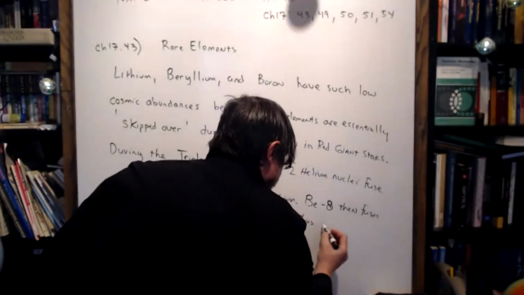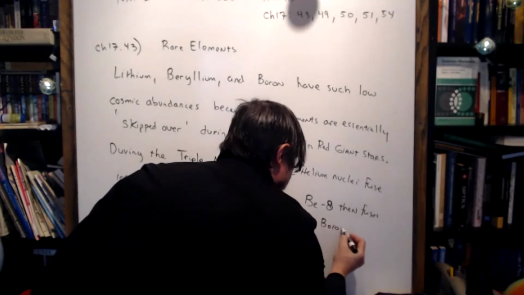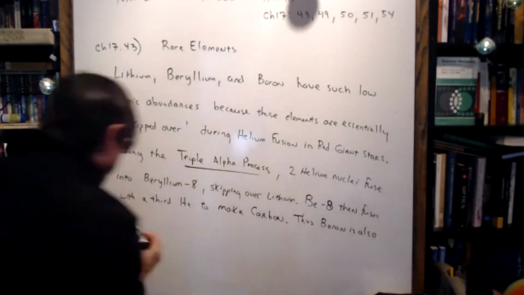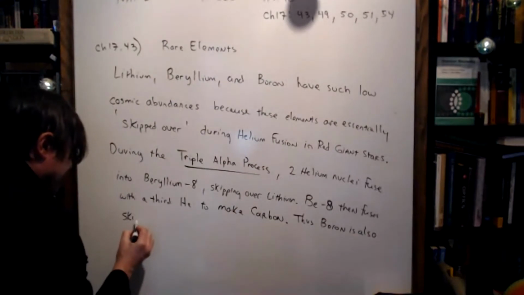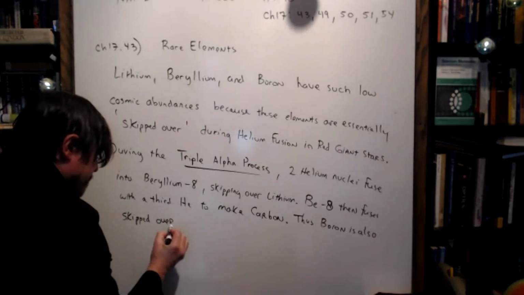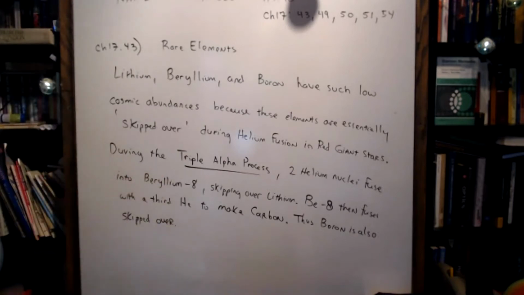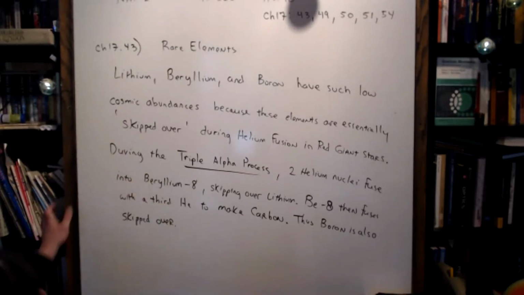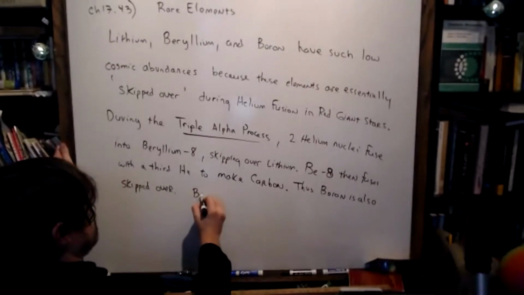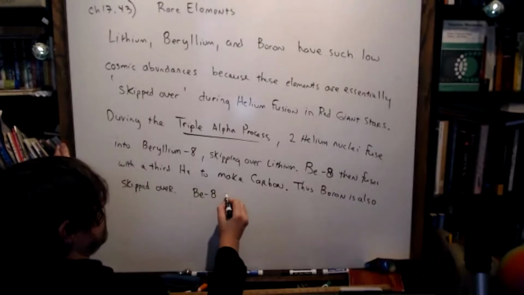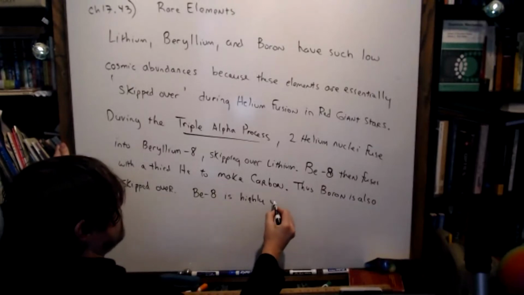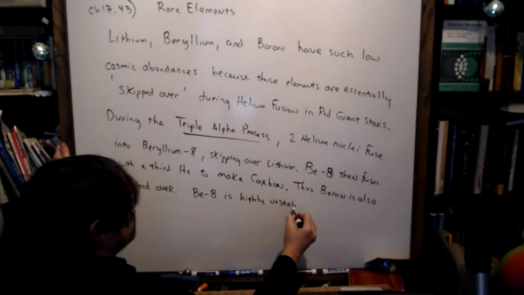Thus, boron is also skipped over. And now we'll address the beryllium issue. Beryllium-8 is highly unstable. It's a radioactive isotope.